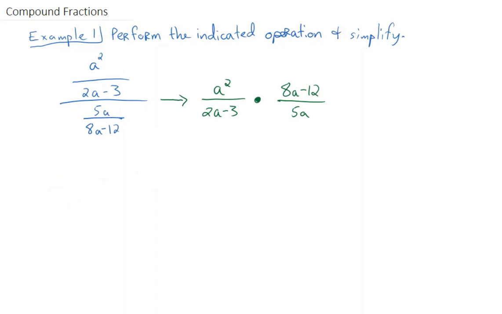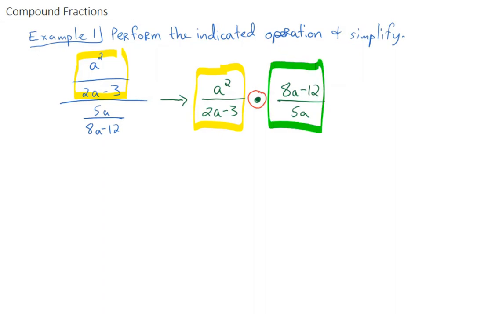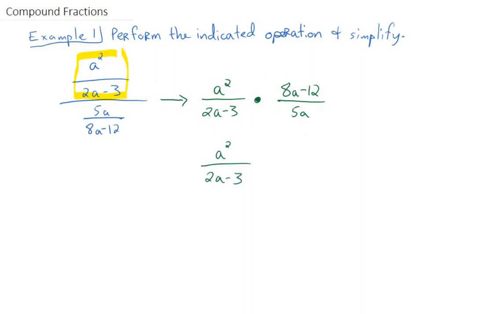So here we have the numerator written exactly as it was, and we change the division to multiplication, and then we have the reciprocal of the denominator. And now we'll just work it out as a multiplication problem. As we've seen when we work the other multiplication problems, we need to factor anything that can factor, and then cancel the factors that are similar from top to bottom.